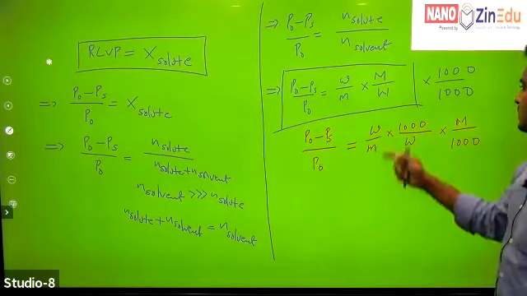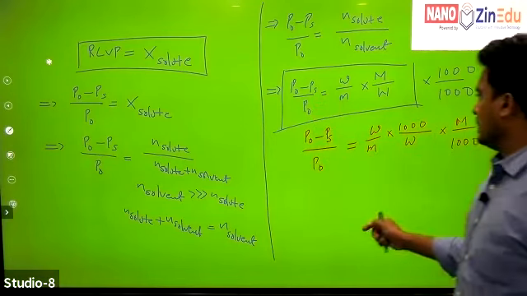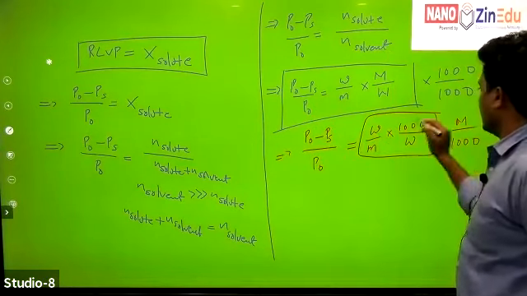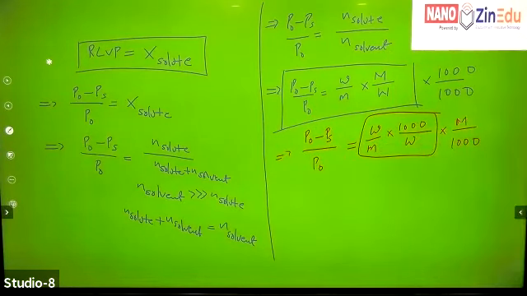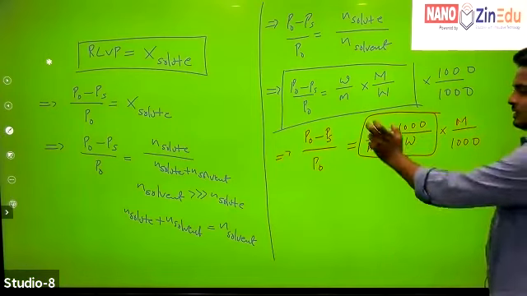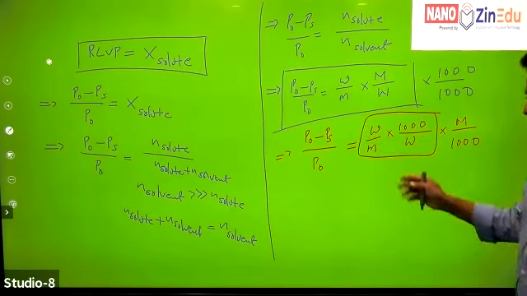Again 1000 gets cancelled, and we get the same term here. Therefore, what is this term? Weight by molecular weight into 1000 by weight of solvent in grams. So what is the formula? It is for molality.